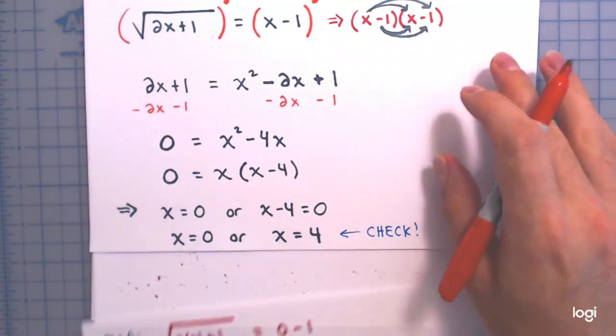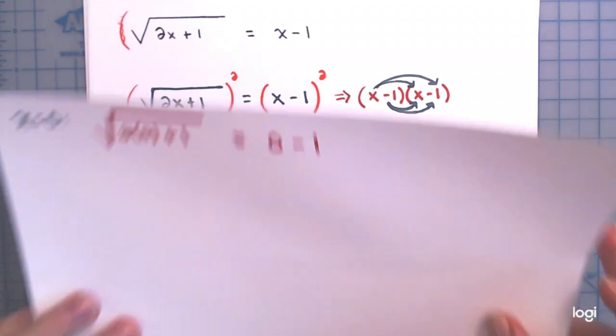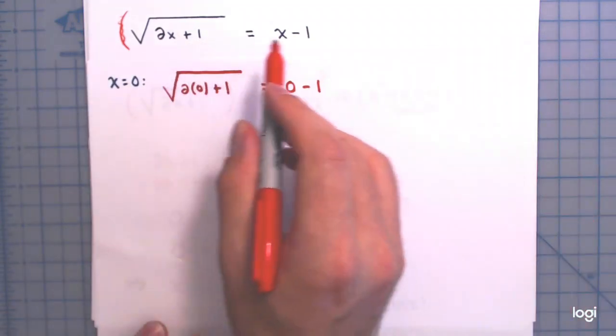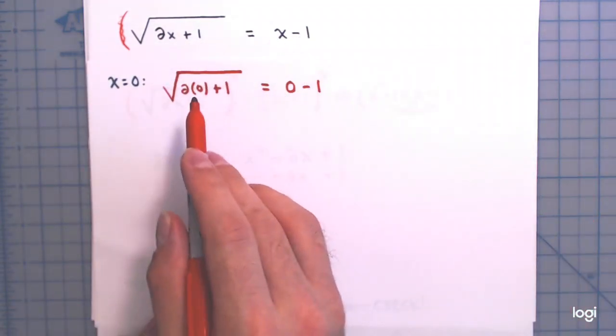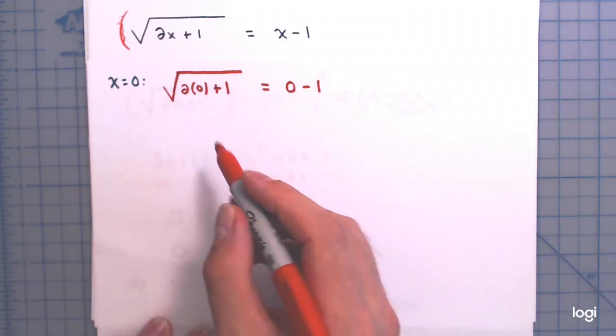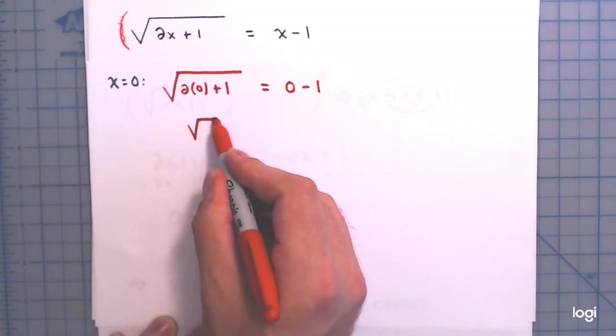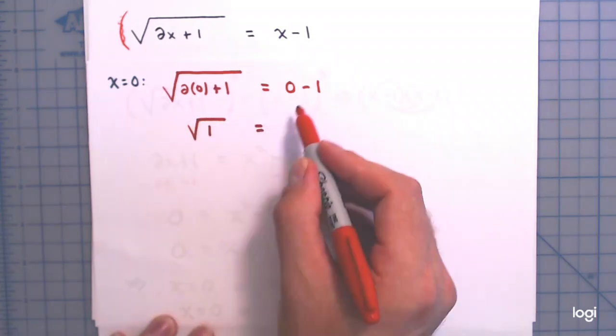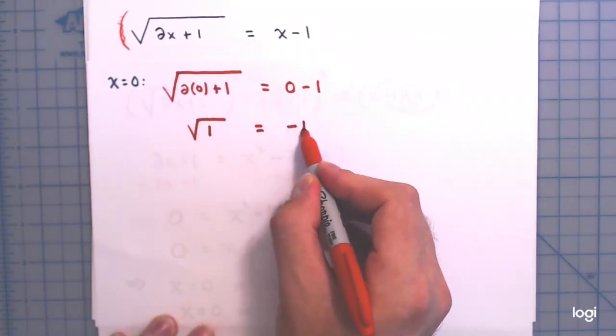Again, just replacing x with 0 back in the original equation. Alright, so this radicand underneath is 0 plus 1, that's just 1. So is the square root of 1 equal to 0 minus 1, which is negative 1?